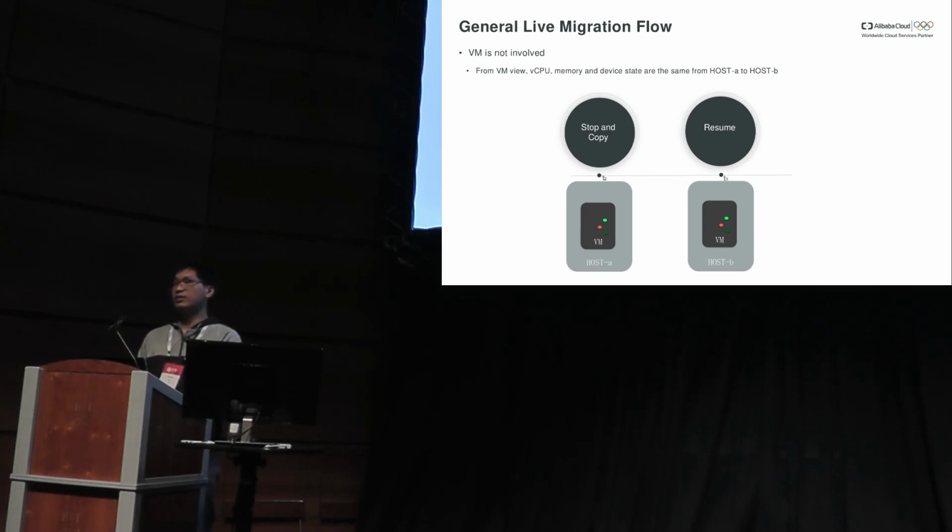PML can help us check the dirty pages from vCPU writes. And when a virtual device writes the VM memories, it should update the dirty bitmap. Then QEMU synchronizes the QEMU dirty bitmap and transfers the corresponding pages to the destination.